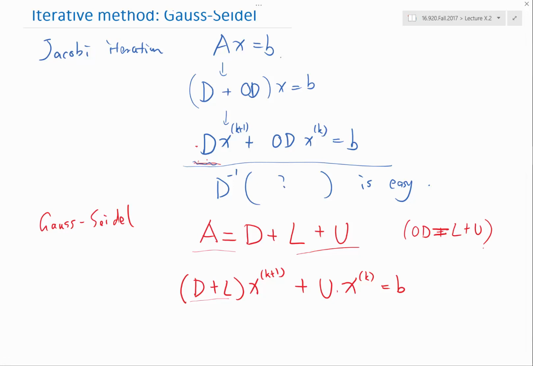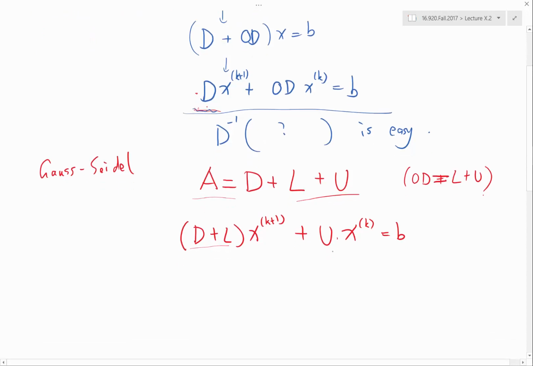Question? So does it matter if you swap the U and the L? So does it matter if I swap U and L? Usually it does. We are going to see that basically if you use U instead of L on the implicit part, it corresponds to flipping over all the indices in X and all the indices in B, right? You simply reorder all the grid points backwards.